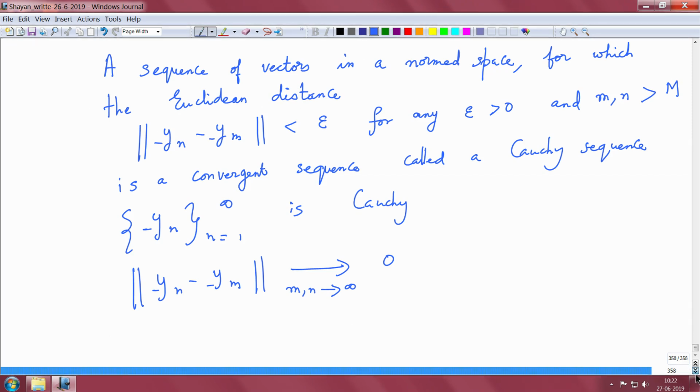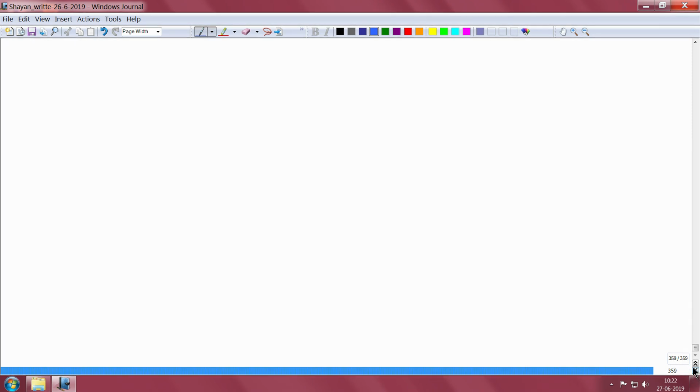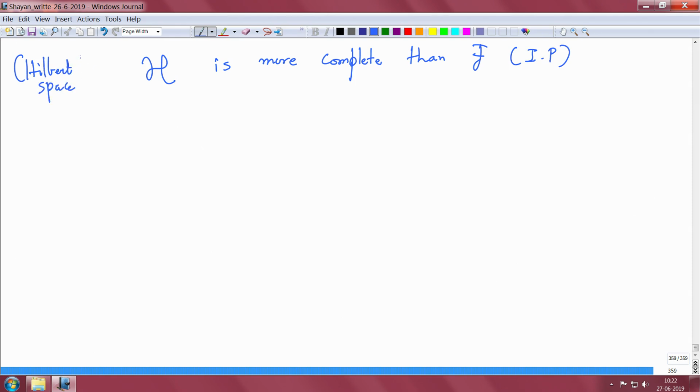So, I did not talk about what a Hilbert space is, so I will be more clear here. The space script H is the Hilbert space or inner product space. This is more complete than F. F is our inner product space and script H is the Hilbert space. H is more complete than F because of two things.